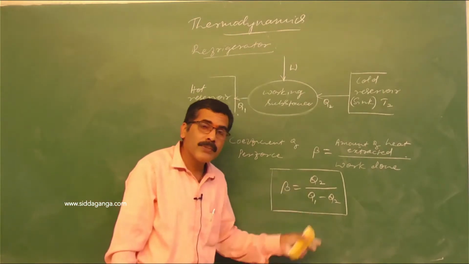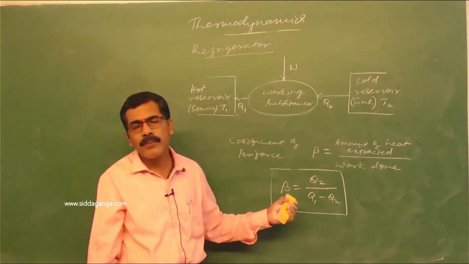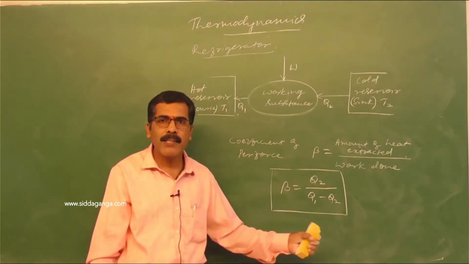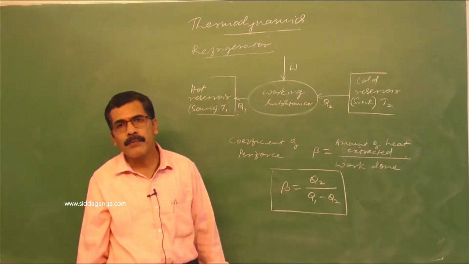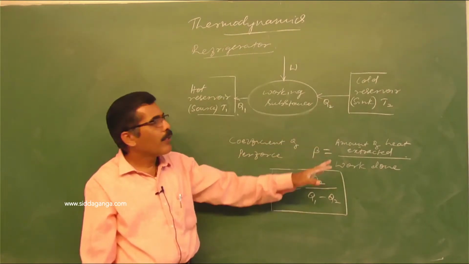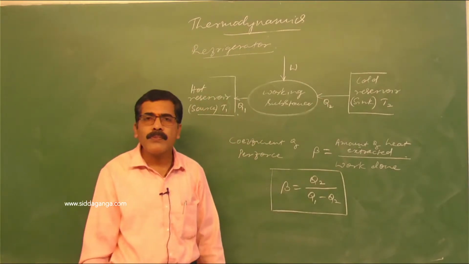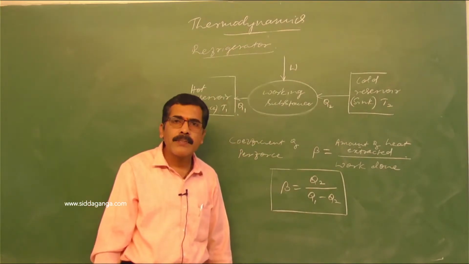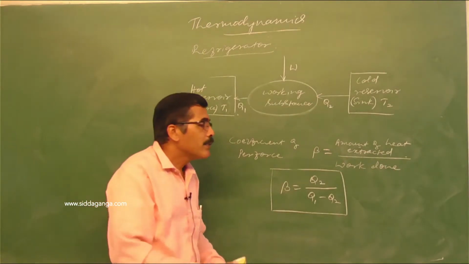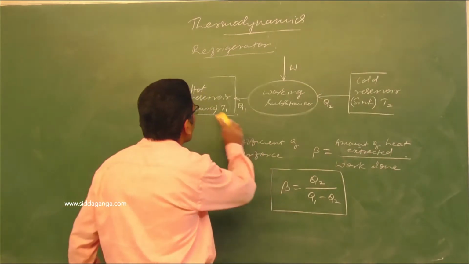In the case of a refrigerator, with usage, there will be a little improvement in the coefficient of performance. So that way they slightly differ from each other. Have you got it? So this is about the important aspects of the devices based on thermodynamics. Now let us move on to the second law of thermodynamics.